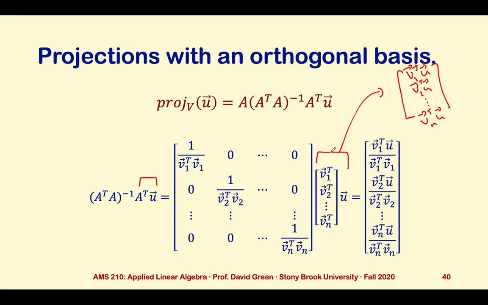So every row of this will be a column vector where each entry is a dot product. When we then multiply by a diagonal matrix, it has the effect of scaling each row by the diagonal entry, and we end up with the form here where the numerator in each of these terms is this Vi transpose U that comes from this product A transpose U, and the denominator is the scaling factor from this matrix here.